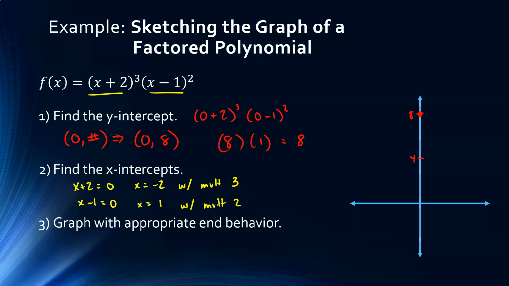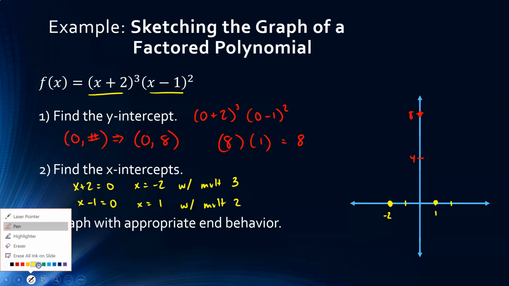So if I put my x-intercept at negative 2, we have an x-intercept there at negative 2, and then we have an x-intercept here at 1. So it's going to have a pass through at negative 2, and it's going to bounce at 1, because if you think about the end behavior, that's what the next part is asking for.